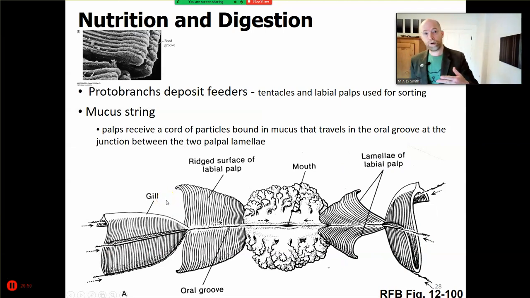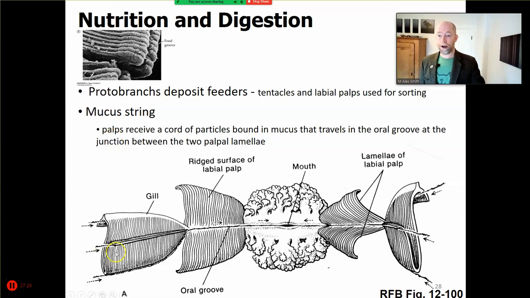So as we go back to protobranchs and lamellibranchs, the classic bivalve feeders, if we look along the gill folds right here, you can see there's a food groove labeled in that SEM, the micrograph at the top. Now, we have then the mucus string. We've seen this with a whole bunch of different mollusks.